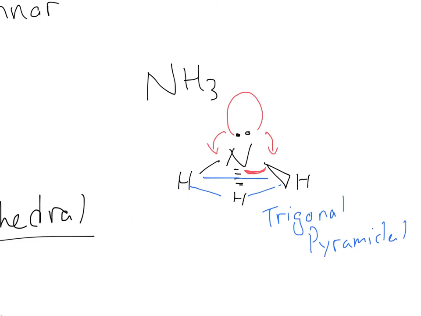So for this one lone pair pushing on the bonded pairs, the angle between the bonded pairs is now 107 degrees. That's because this is not an equal pressure, it actually pushes more, and forces them further together. So instead of being 109.5, they're 107.